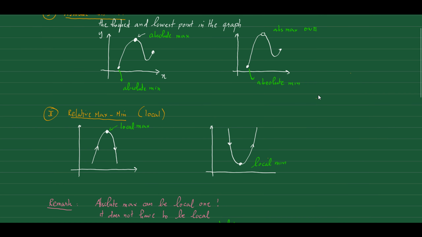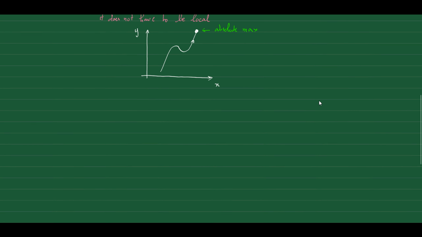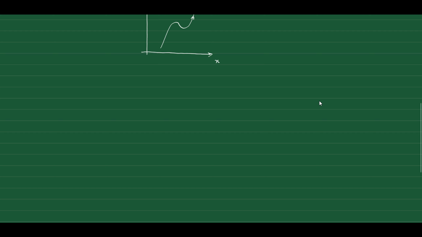All right, now I'm going to give you an example. In this example, I'm going to ask you to locate the coordinates of all the max and min points. What if I have something like this?